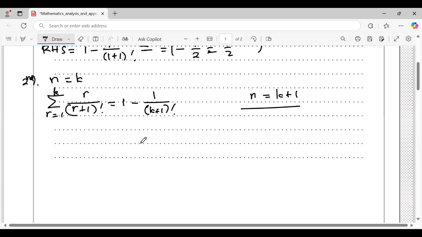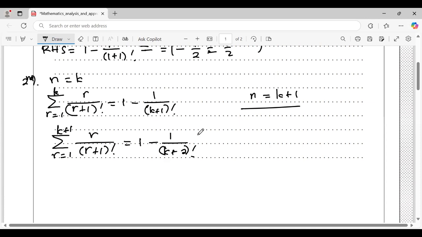We need to show that the sum from r equals 1 to k plus 1, because n equals k plus 1, of r over (r plus 1) factorial equals 1 minus 1 over (k plus 1 plus 1), which means (k plus 2) factorial.